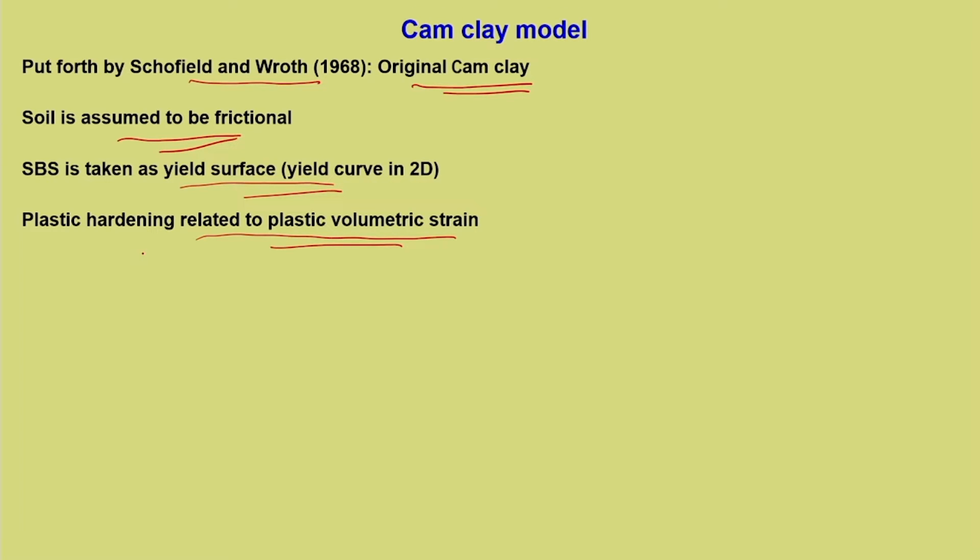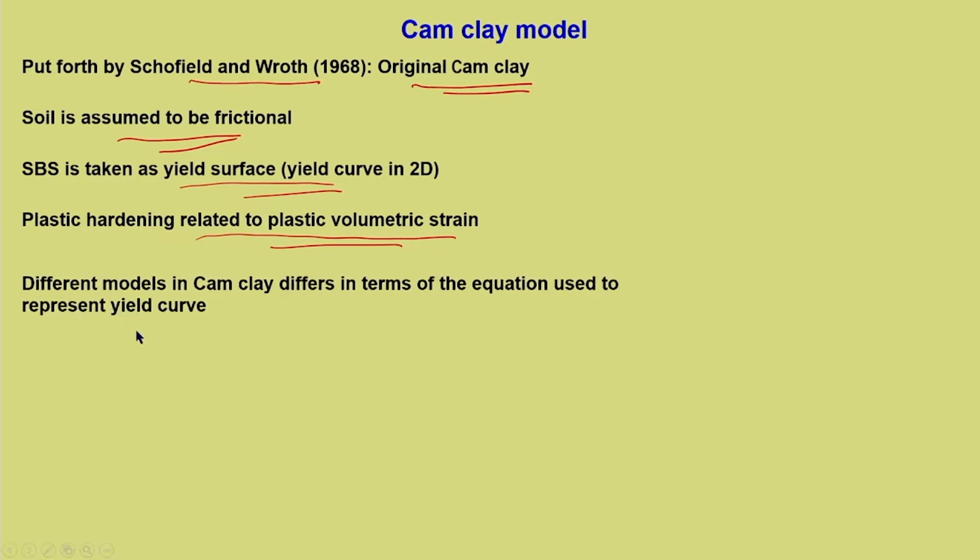You remember the V versus P dash plot, where it moves along the normally consolidated line. Every time it moves, we have seen in the last lecture, the size of the yield curve would increase. So basically plastic hardening is related to plastic volumetric strain. Now there is another kind of strain that is going to take place, that is shear strain during loading. So that part is also there. Unfortunately, we will not be able to discuss those in detail.